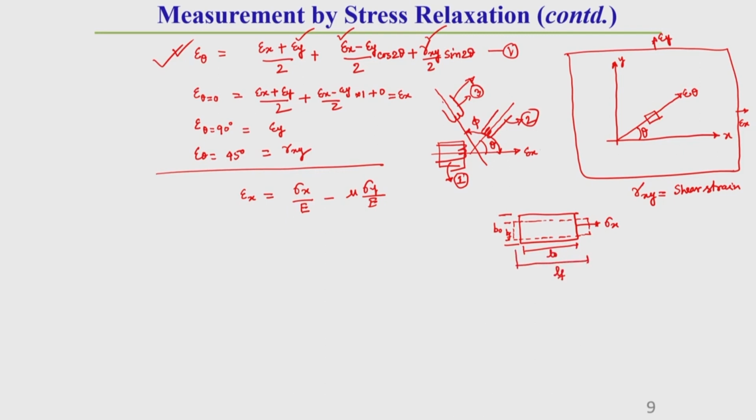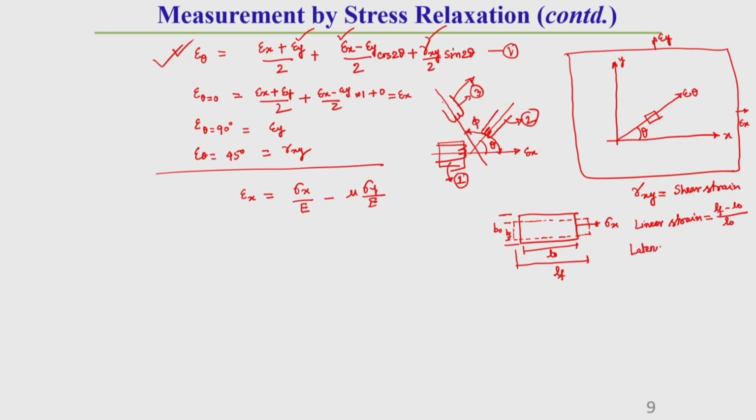So we can get two different types of strain once a body is subjected to a particular stress. One is called linear strain, which is the strain along the loading direction. Linear strain is the change of length, LF minus L0, divided by the original length. Another is the shortening along the width direction, which is called lateral strain.